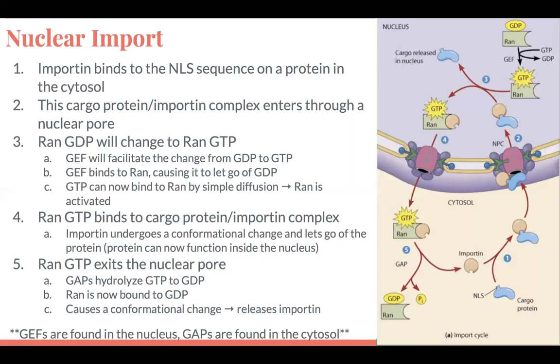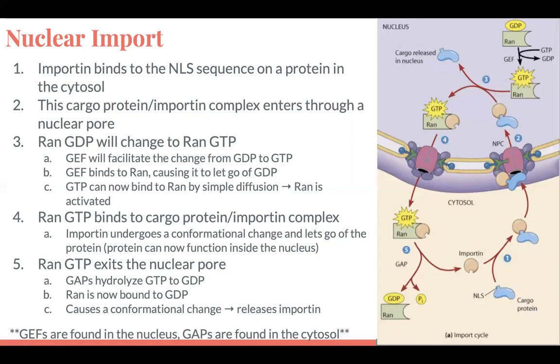While still bound to GTP, RAN will bind to importin. It will stay bound to importin and exit through a nuclear pore labeled number 4 on the diagram.